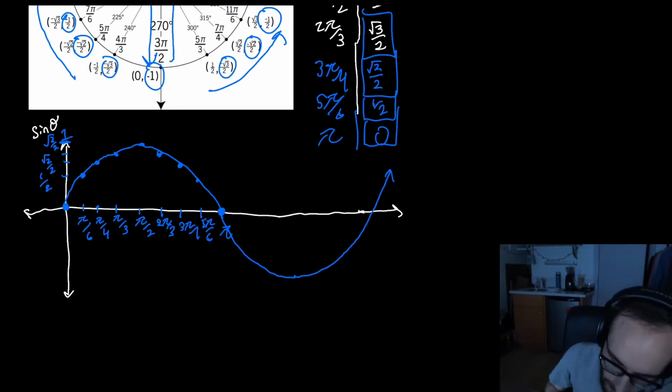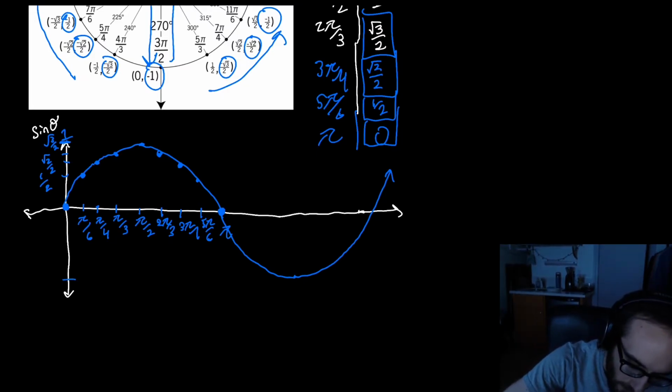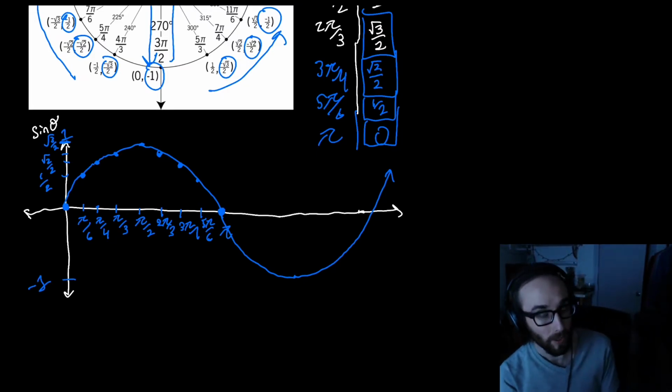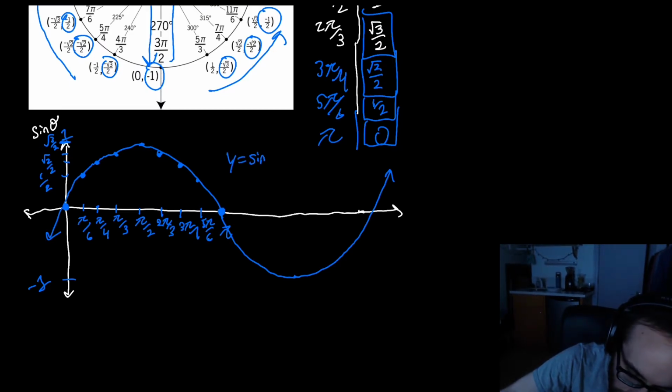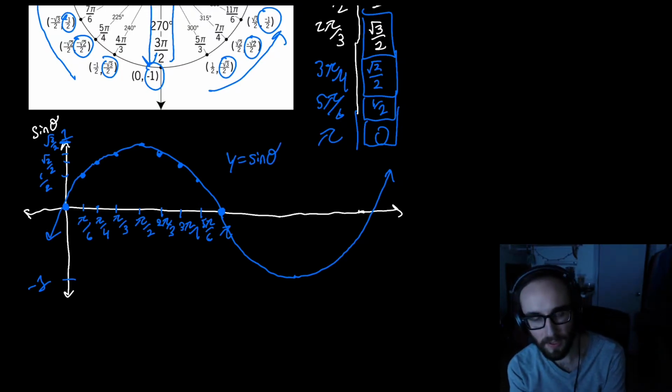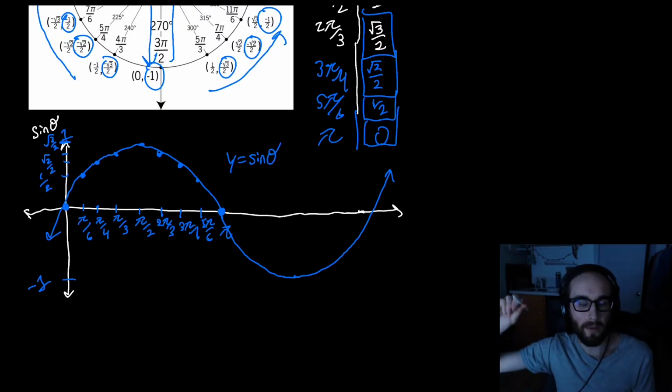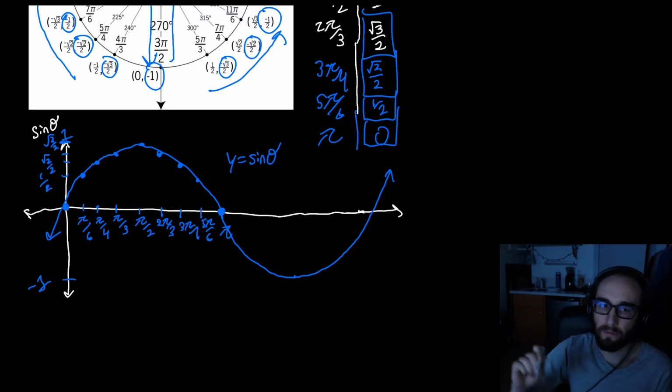So kind of like that. So I'm not going to plot every single point, but the minimum value is -1. And here we have our graph of y equals sine of theta. And as you can see, we end up kind of like with this wave graph, or this wave function.